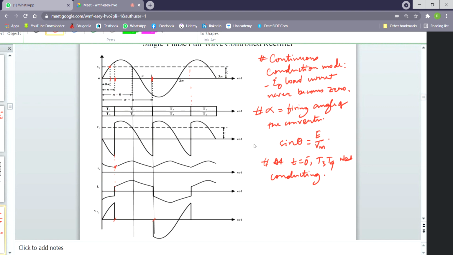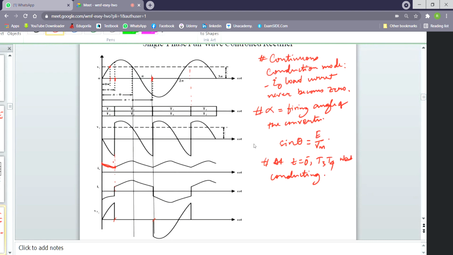So after this, the load current will continue to fall. As you can see from here, the load current continues to fall. Why? Because the EMF source is greater than the DC link voltage till omega t equal to alpha.